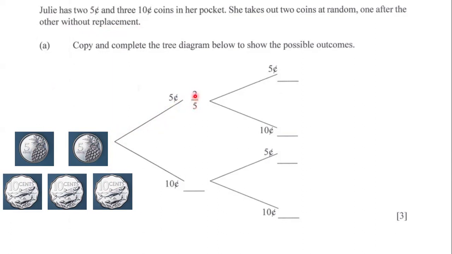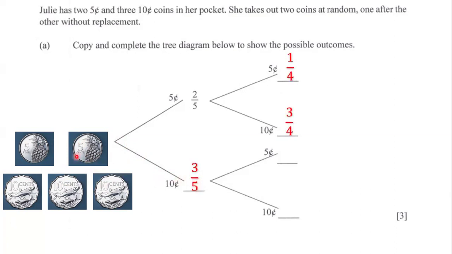And so that makes sense. It's 2 over 5. Now we need to figure out the probability of her getting a 10-cent the first time around. Well, there are 5 total options, so the denominator would be 5.